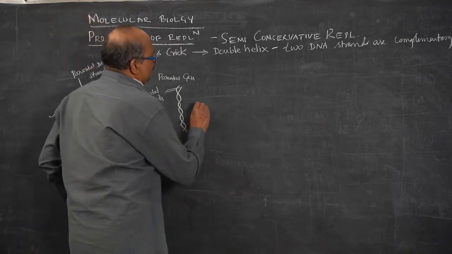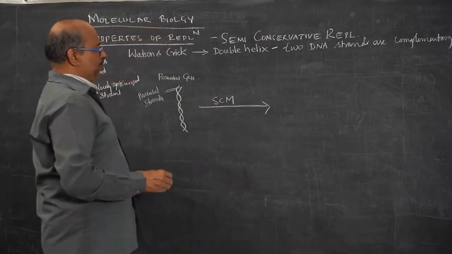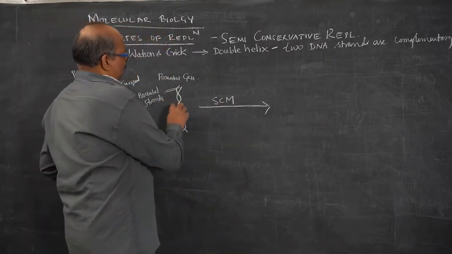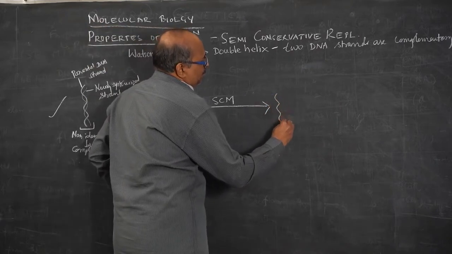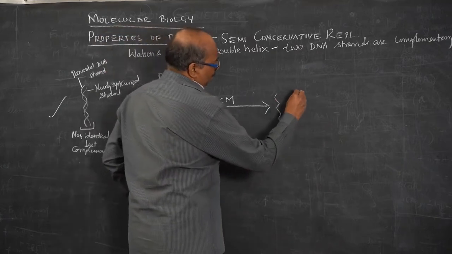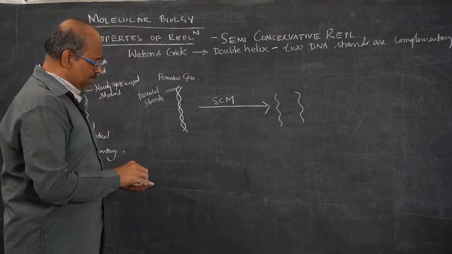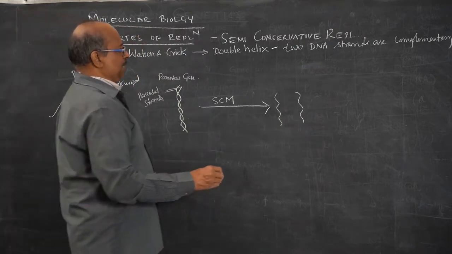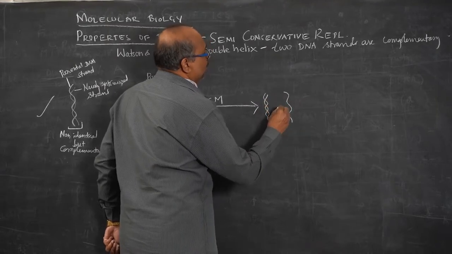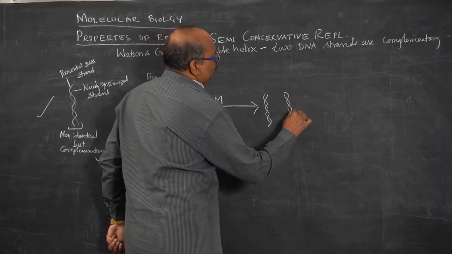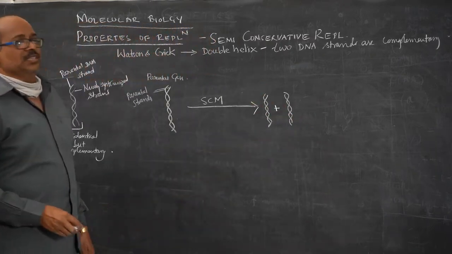When the semi-conservative mechanism operates, the parental strands get separated and they act as templates. It's not complete separation, but as the synthesis goes on, they get separated and they start making a new daughter DNA molecule having one parental strand and one newly synthesized strand.